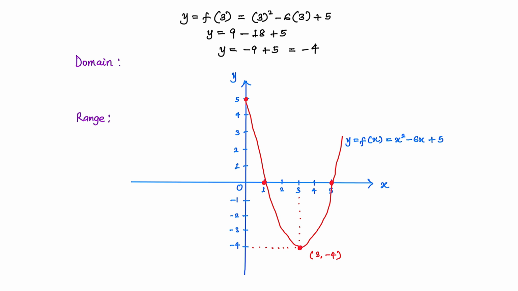We need to check from minus infinity all the way to positive infinity on this number line of the x-axis. We need to check what are the possible values of x that we can have. We can have an infinite amount of x values. That is, x is an element of all real numbers in this situation.